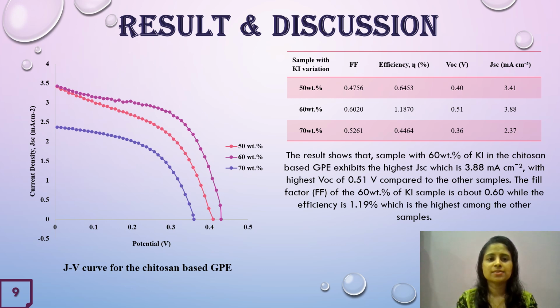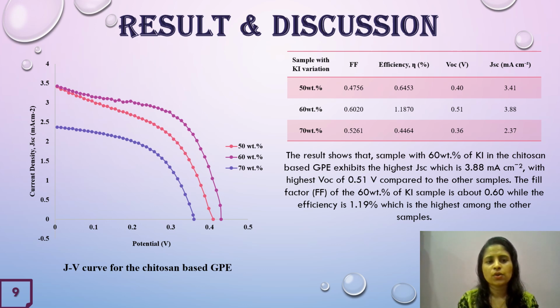This means that the sample has high light to current conversion efficiency, where the sample can effectively convert light energy into electrical current. This table shows the values obtained from the JV curve of DSSC.